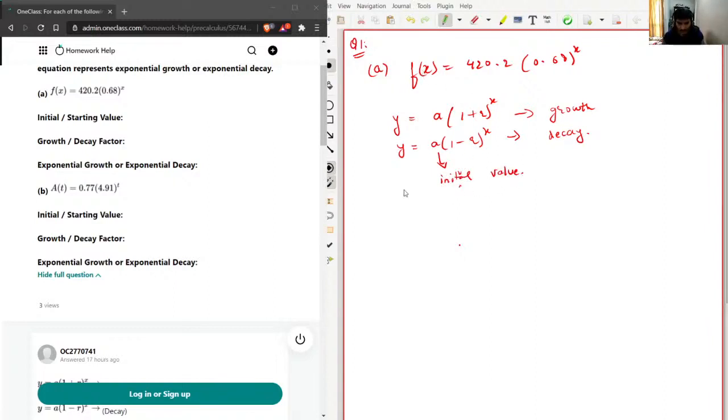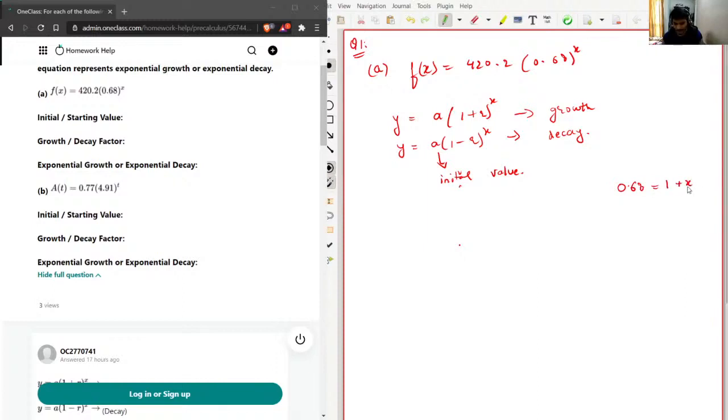In the first one, we have been given a function, but this function is not in this kind of form. So basically, it should have 1. We need to equate 0.68 to 1 plus x.